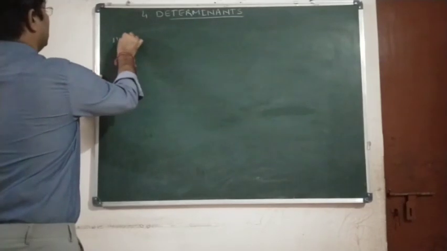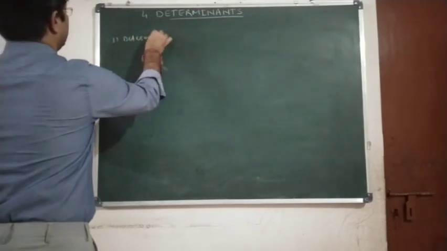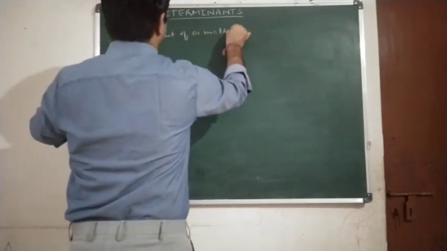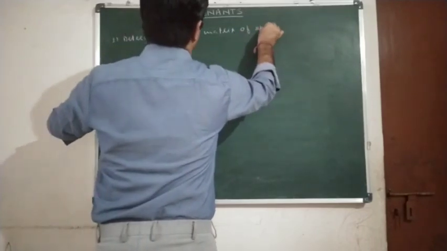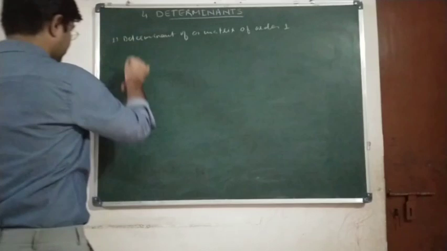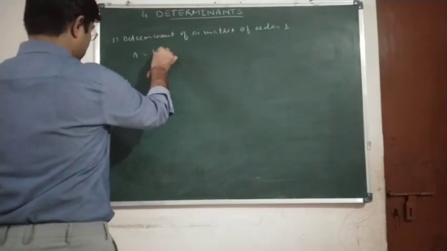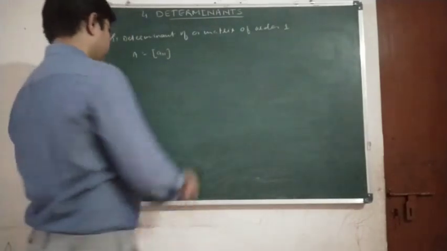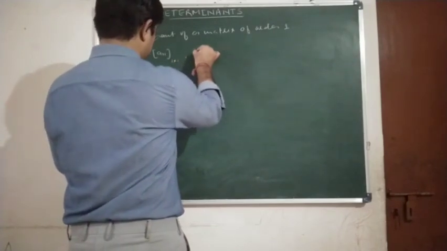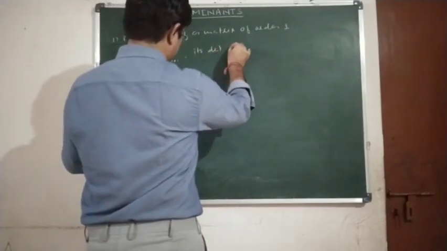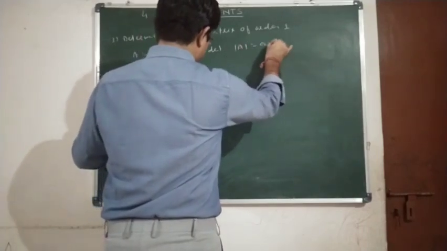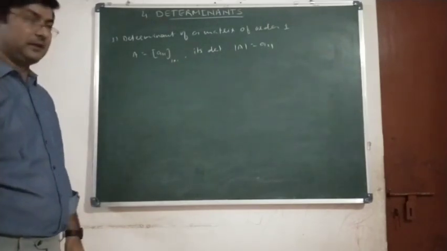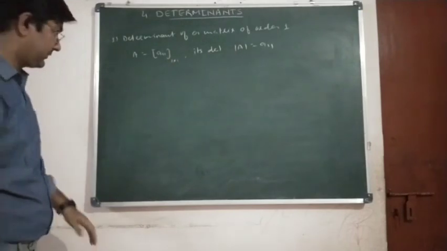Okay, now determinant of a matrix of order 1. If we have A equals A11, a matrix of order 1, yes or no? Then its determinant is given by A11. Clear? Because we have only one element, that is A11 over here, so determinant of A will be A11 only.